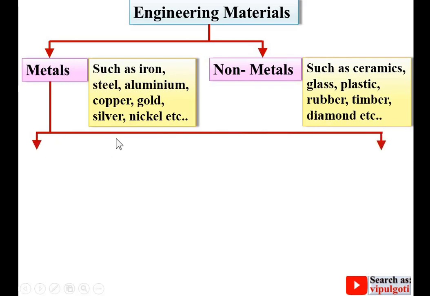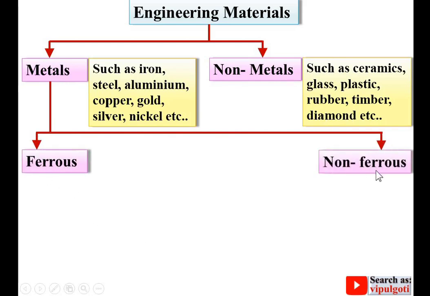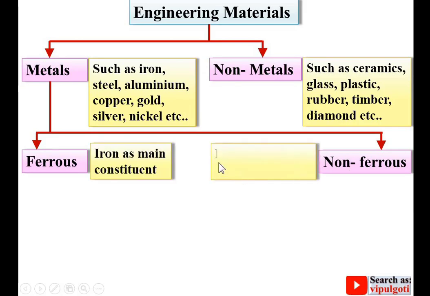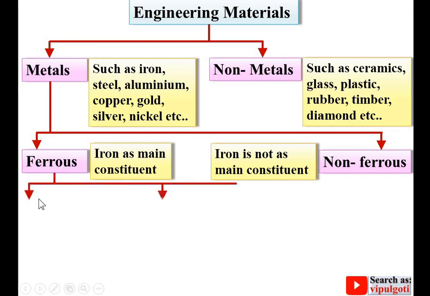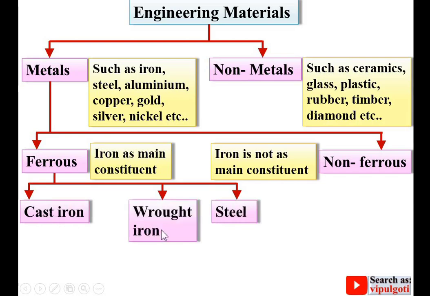Metals are further classified into different categories: ferrous metals and non-ferrous metals. Ferrous metals have iron as the main constituent, whereas in non-ferrous metals it is exactly the opposite, that means iron is not the main constituent. Ferrous metals are further classified into three categories: cast iron, wrought iron and steel.